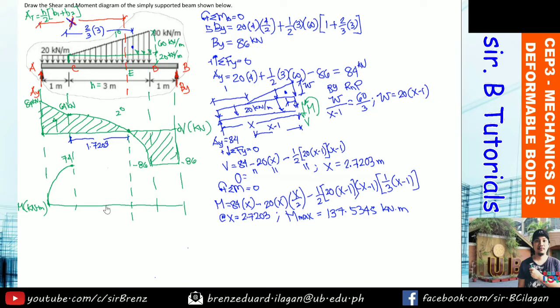And then next, since ito is nasa taas lang din siya, parang napataas pala yung drawing ko. Ibaba ko lang guys ng konti ha. Ito nga pala yung value ng maximum moment natin. So, we need to lower it a little. Ayan. So, this is 74.